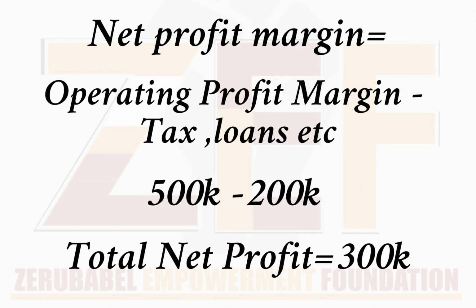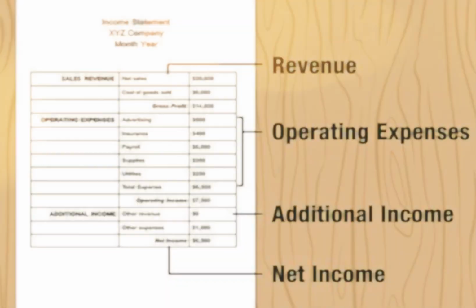For example, as stated earlier, if your operating profit margin is 500,000 naira and the loans and the taxes that you pay to government is 200,000 naira, then if you subtract them from the operating profit margin, that will be 300,000 naira. So your net profit margin is 300,000 naira, and that is actually the real profit on the services you have rendered on any project you have embarked upon.